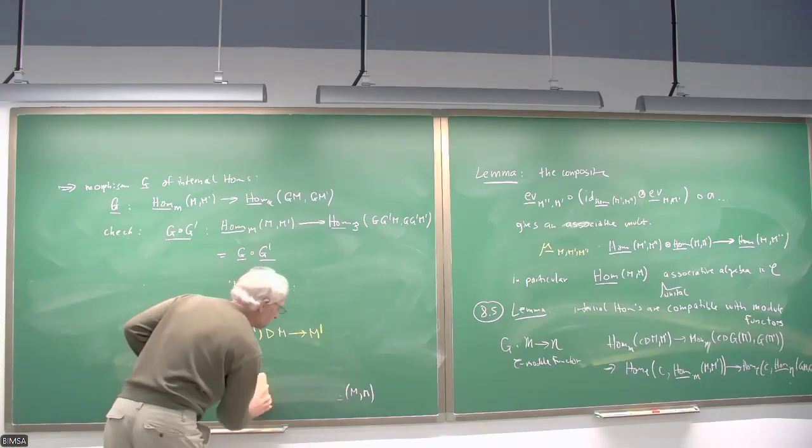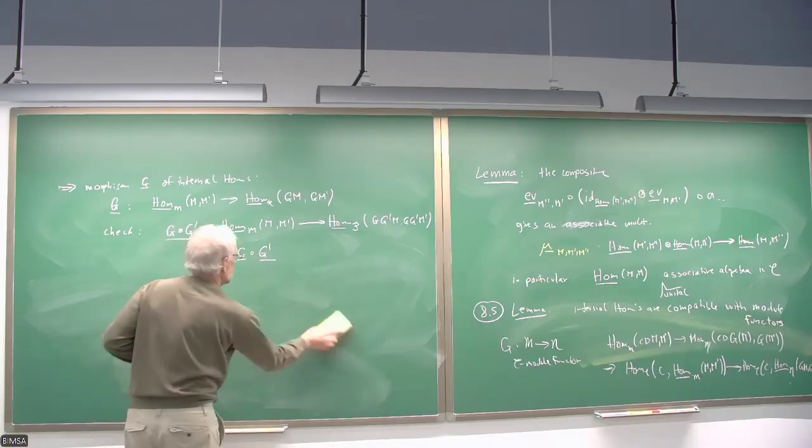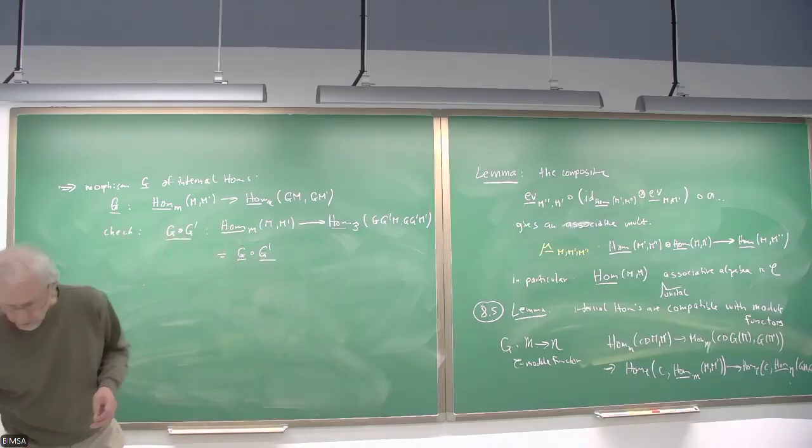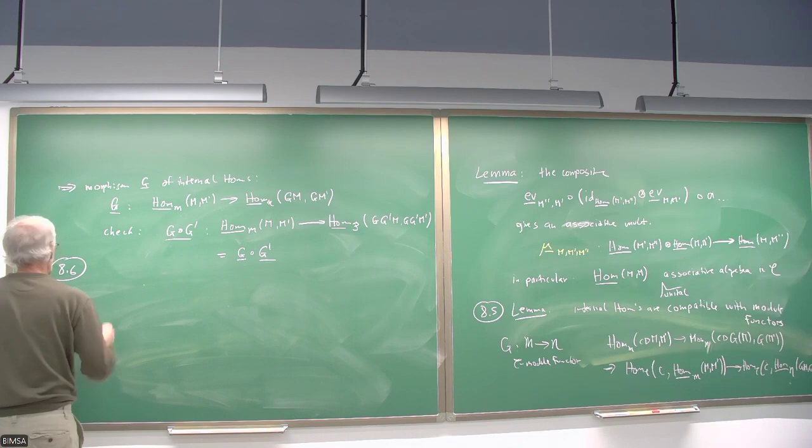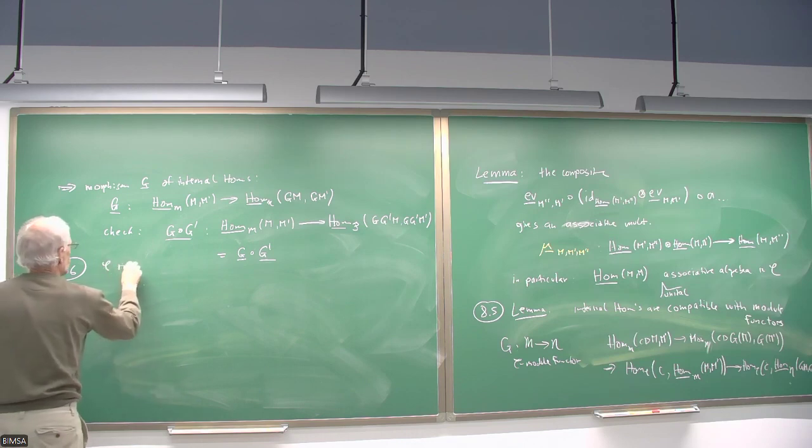Next, I want to say something about module category structures on opposite categories. So let's assume that C is rigid.